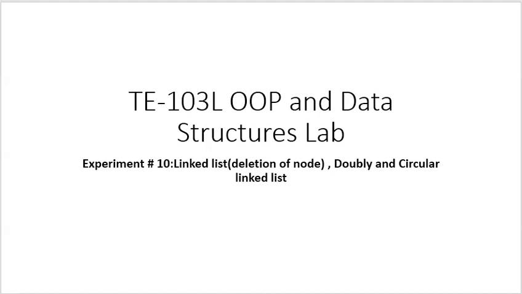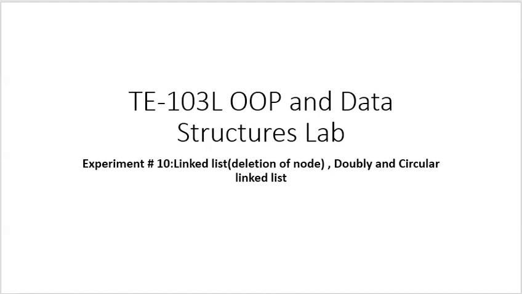It's our 10th lab of OOP and data structures. The title of the lab is linked list, in which I will show you how you will delete a node, and this lab also consists of doubly and circular linked lists.